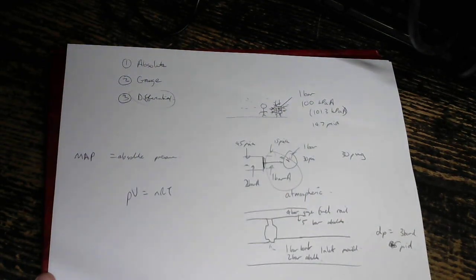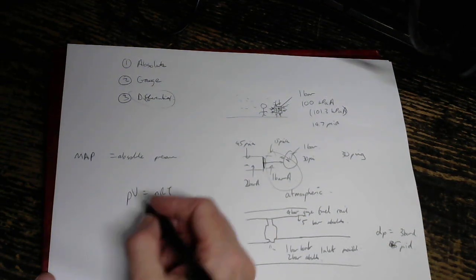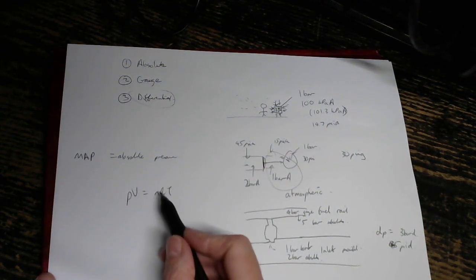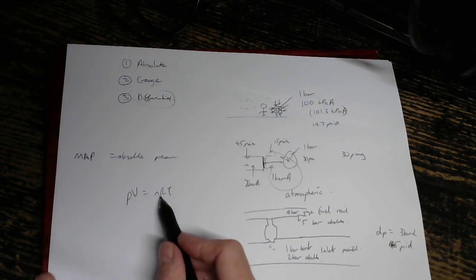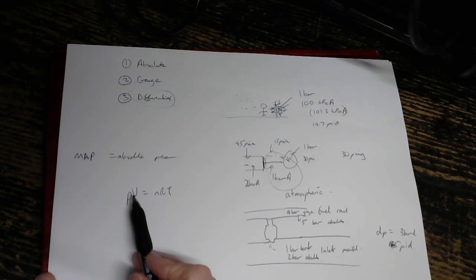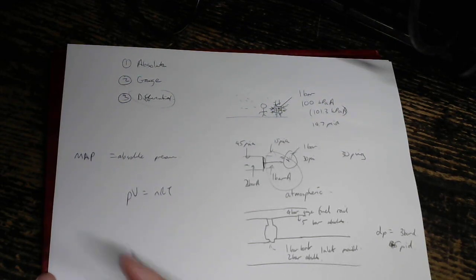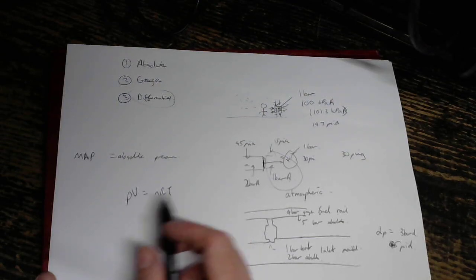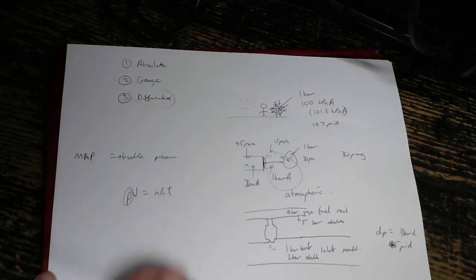The pressure and volume give you the amount of air molecules that you have. It doesn't matter what the pressure is outside the engine. Once you know the pressure inside the engine, that tells you what the mass of air is. So this is the ideal gas equation, Boyle's law. When we talk about pressure there, that's absolute pressure. So that's why MAP is always absolute pressure.